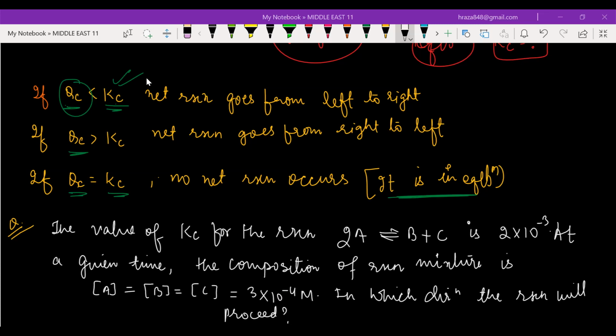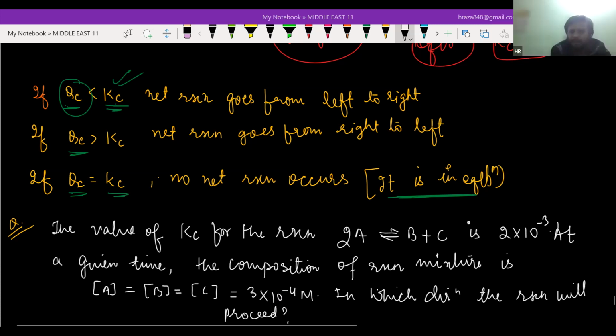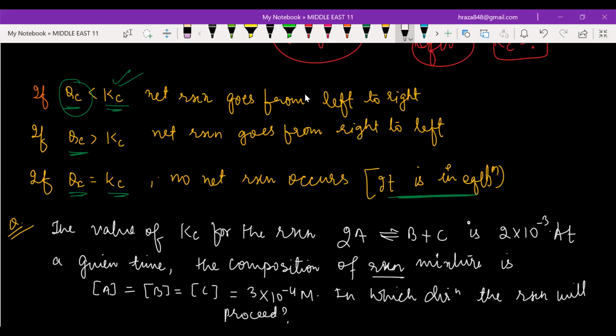So what is the composition of the mixture, sir? The composition of the reaction mixture. Okay, sir.